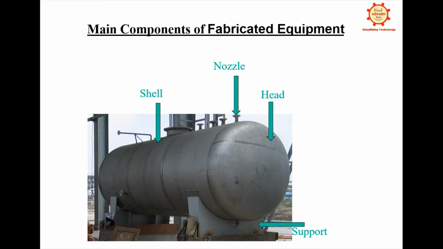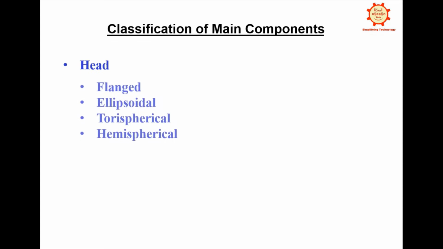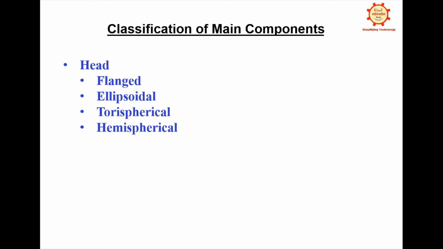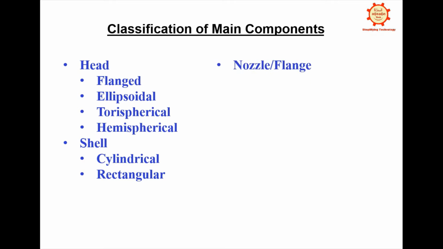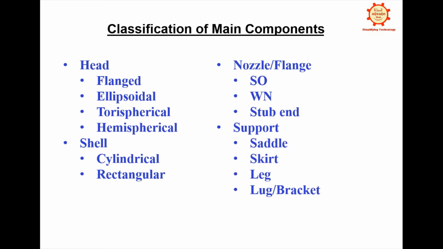These main components are again subclassified: heads are flange type, ellipsoidal type, torispherical type, hemispherical type; shells are cylindrical and rectangular; nozzles are slip-on, weld neck or stub end; and supports are saddle type, skirt type, leg type, and bracket or lug type.